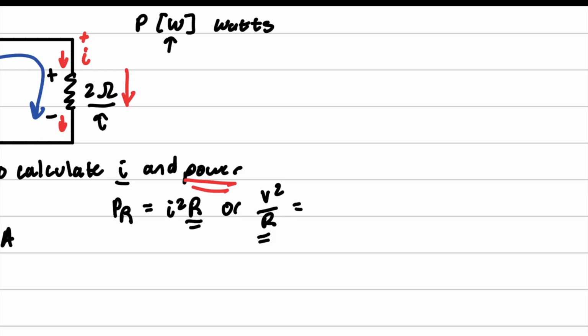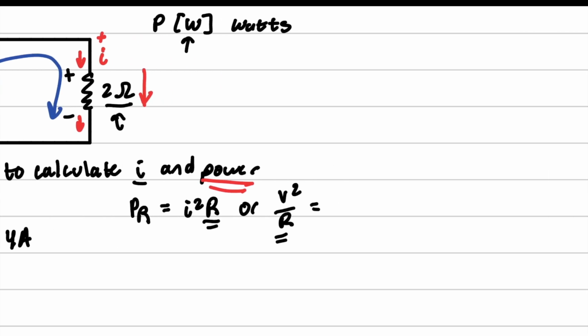Plugging in our values, we've got 4 amps squared times 2 equals 32, and we've got 8 squared divided by 2, which equals 32. See, they check out.